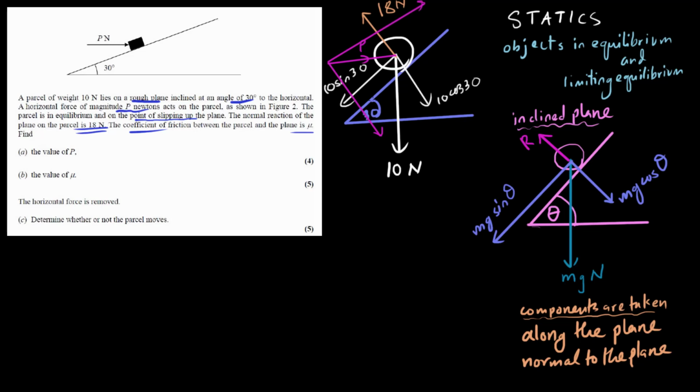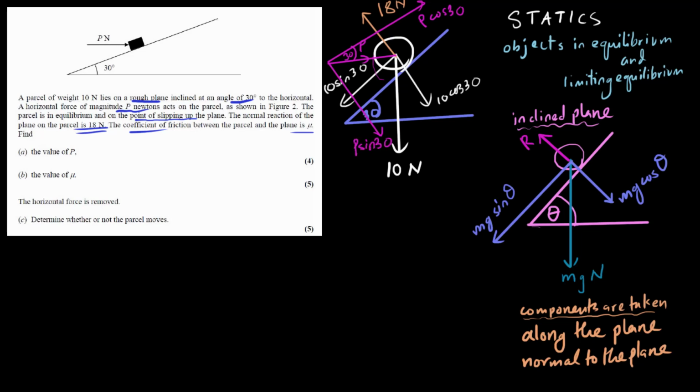If this is 30 degrees, this one will also be 30 degrees, alternate angles, like a Z. So this is going to be P cos 30, and this is going to be P sine 30. That's the component.